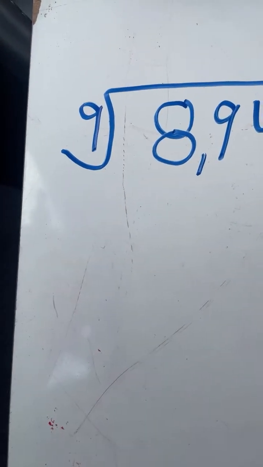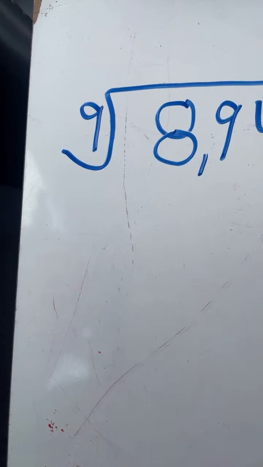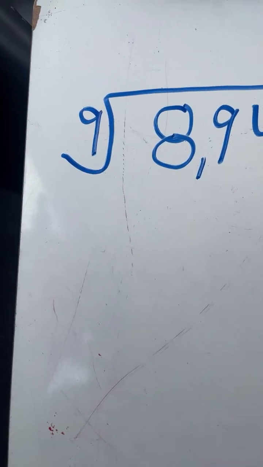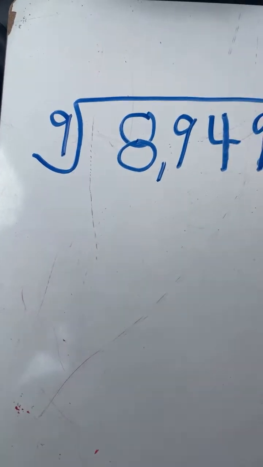We can start out with two digit by one digit. So 89 divided by 9, we're going to figure out how many groups of 9 go into 89 to start.